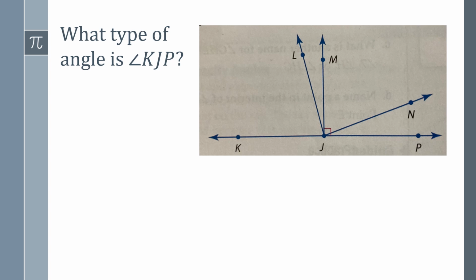Okay, what type of angle is angle KJP? Well, what we would call this angle, it is a straight line, right? We have a straight line running all the way here, right? So since it's part of a straight line, we call this a straight angle.